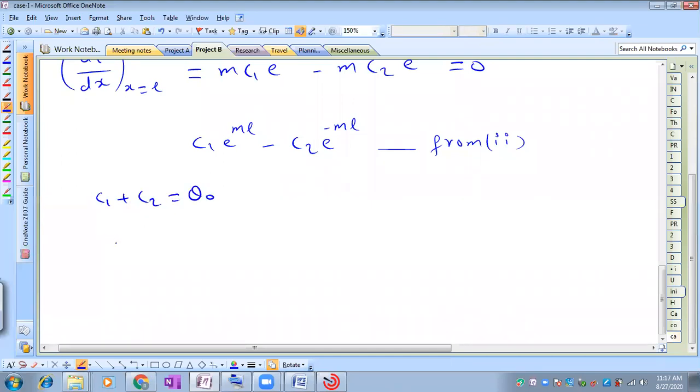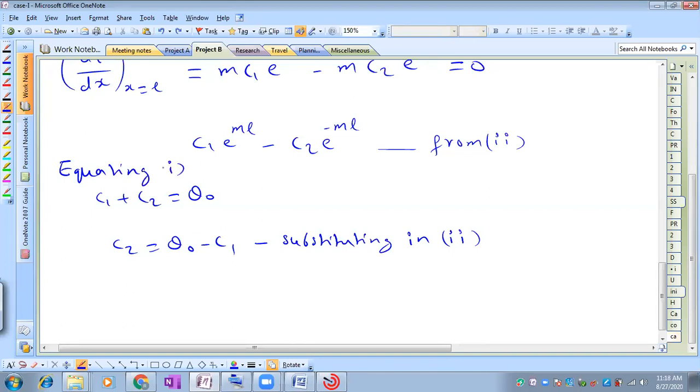So if I take C2 is equal to theta 0 minus C1, and substitute in equation 2, so if I equate 1 and 2, one equation is this, and from this equation we got C2 is equal to theta 0 minus C1.